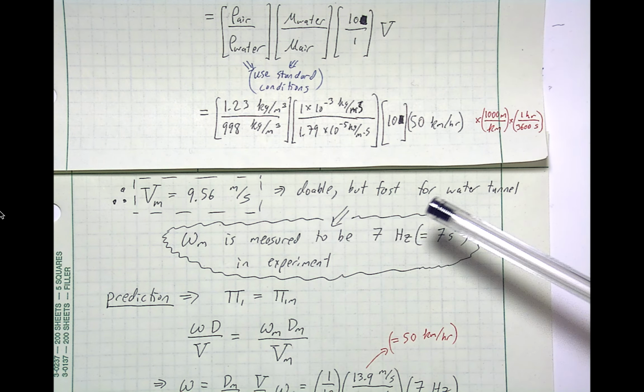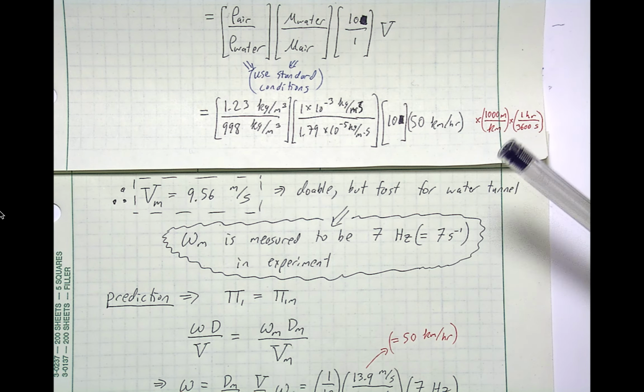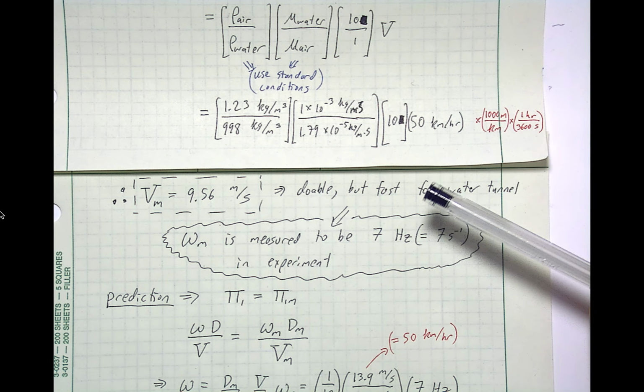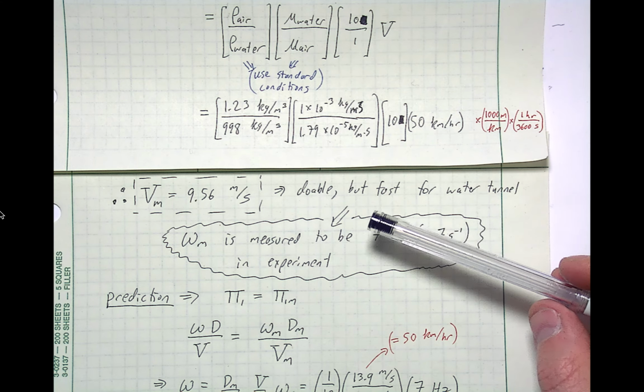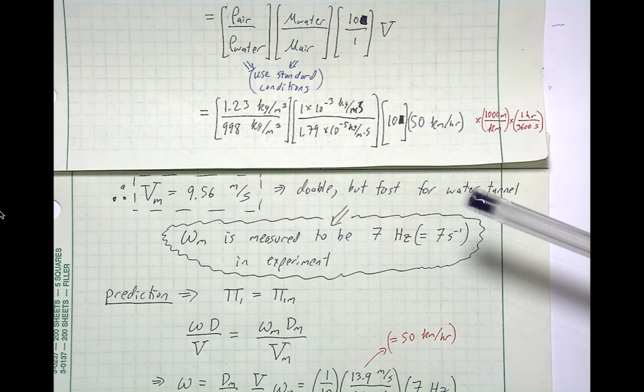So this is a doable speed to do in a water tunnel, but kind of fast. You need a lot of advanced experimental techniques in a setup to do this, but it is doable with today's technology.